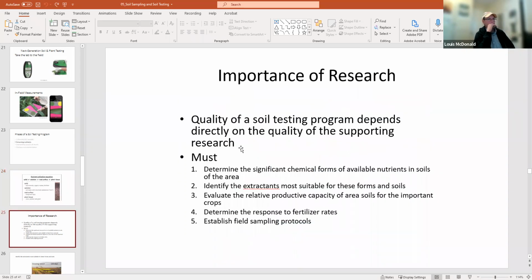All right. So any soil testing program is only as good as the quality of the supporting research. So I mentioned earlier that I know, well, not personally know, but they're my colleagues, many of them who have passed on to their greater reward.